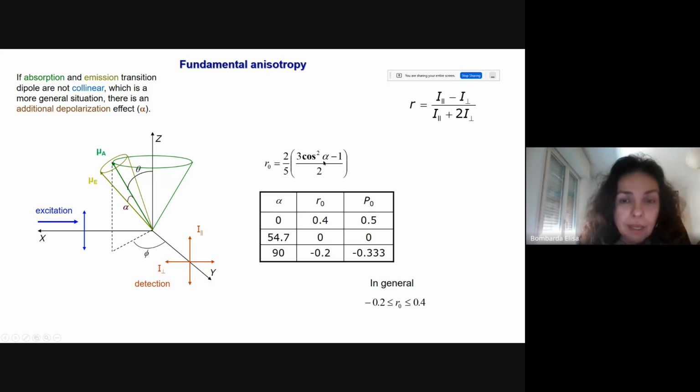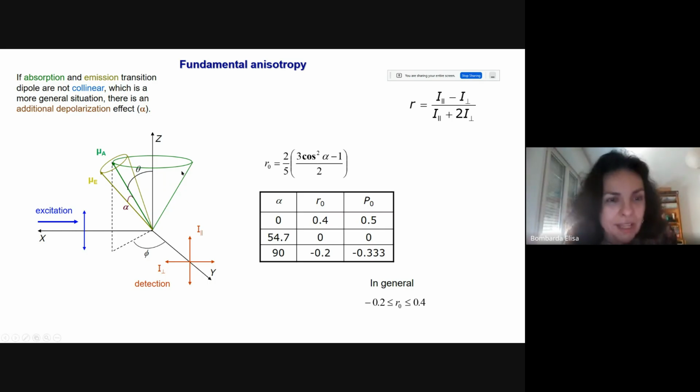And so the anisotropy, in general, since there is this angle alpha in most fluorophores, is not 0.4.